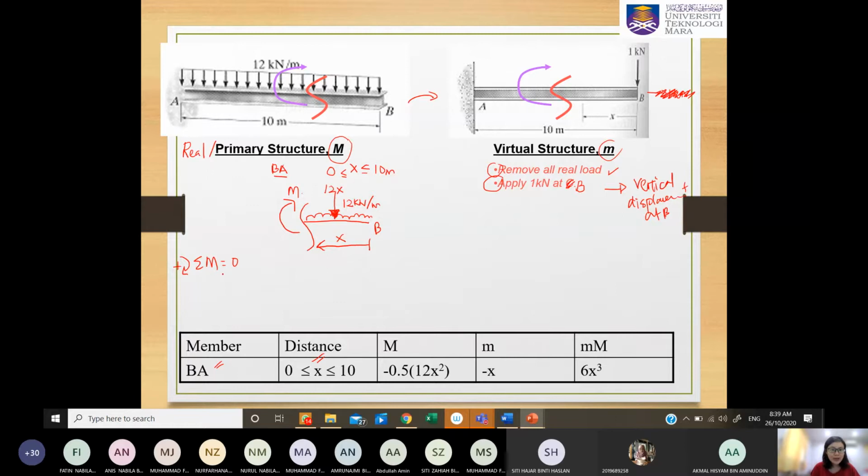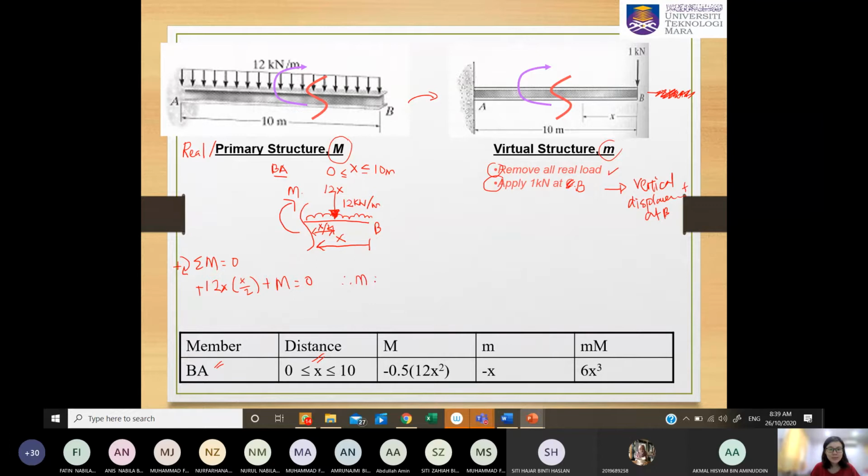So we have 12x, acting at halfway, which is x over 2. This is clockwise, positive, correct? And the moment is also positive. This is how you get it.